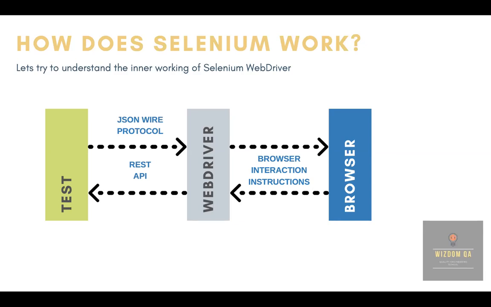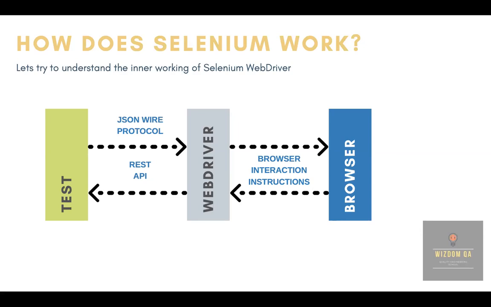So now that we understand what Selenium is, let's try to understand how exactly the client or the test case interacts with the WebDriver. WebDriver basically opens up a REST API endpoint.